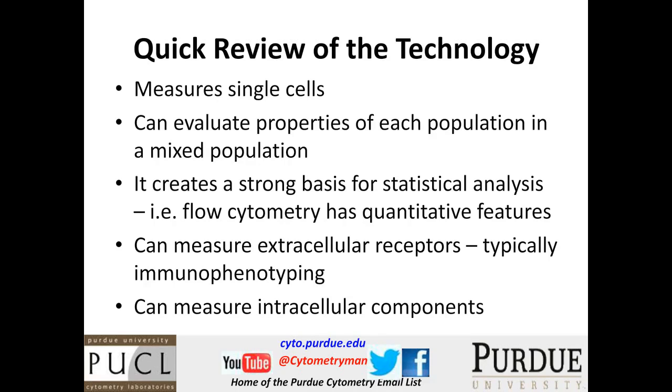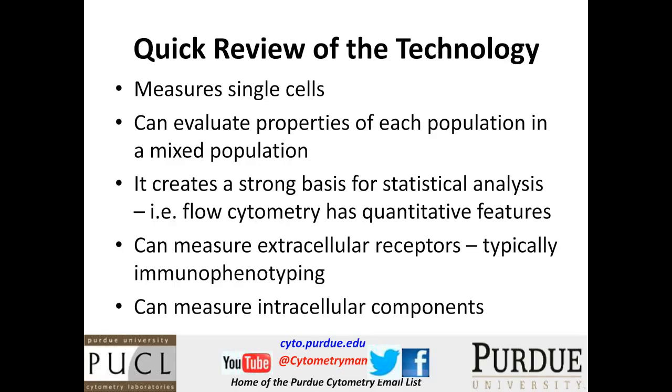That's a pretty powerful capacity for a technology that can look at single cells. And while it does that, it creates a strong basis for statistical analysis. That means that we can actually quantitate information in each of those populations that we might be going to measure.